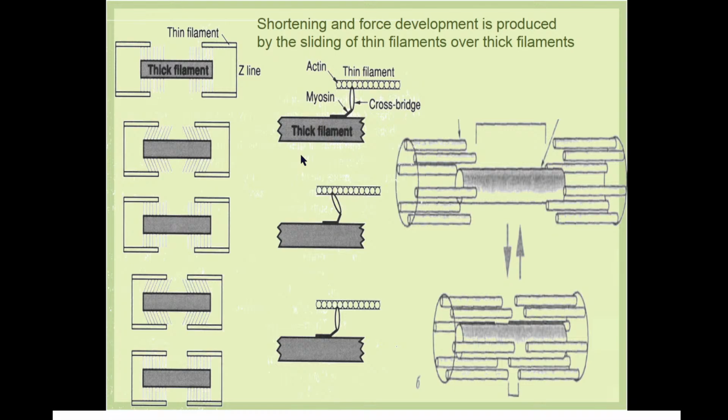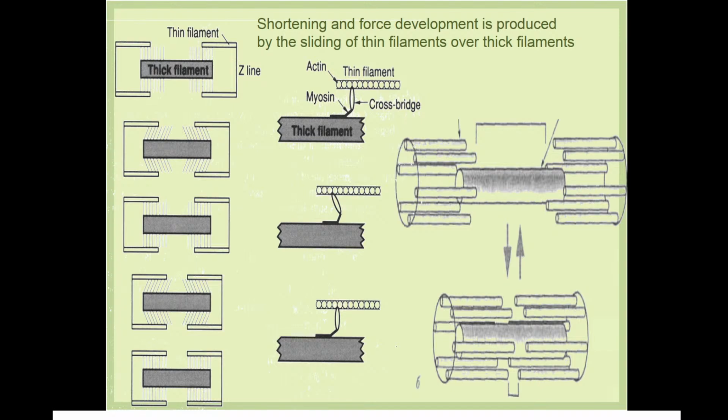And look, let's consider shortening and force development. It is produced by the sliding of thin filaments over thick filaments. The contractile properties of muscle can be studied under two types of mechanical conditions: isometric and isotonic contractions.